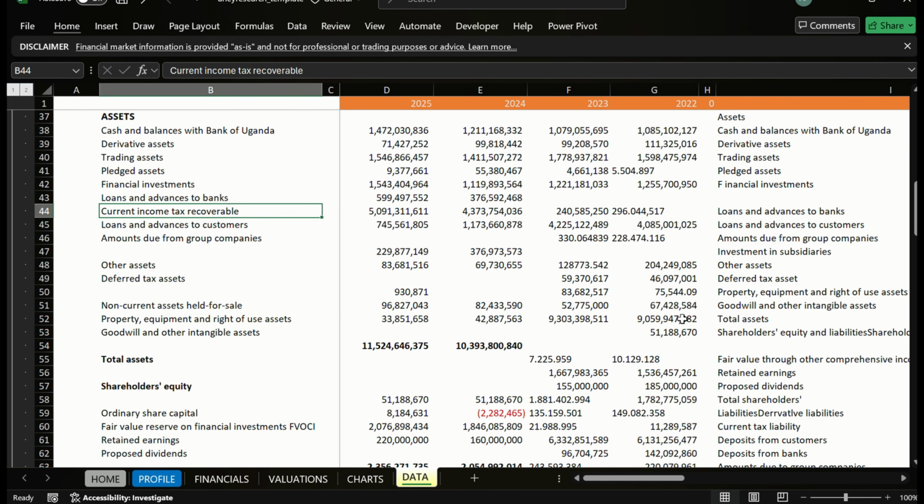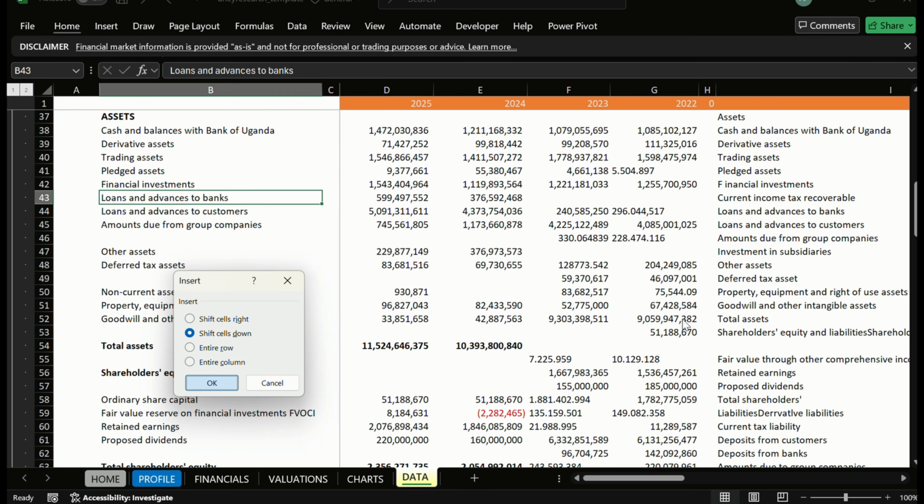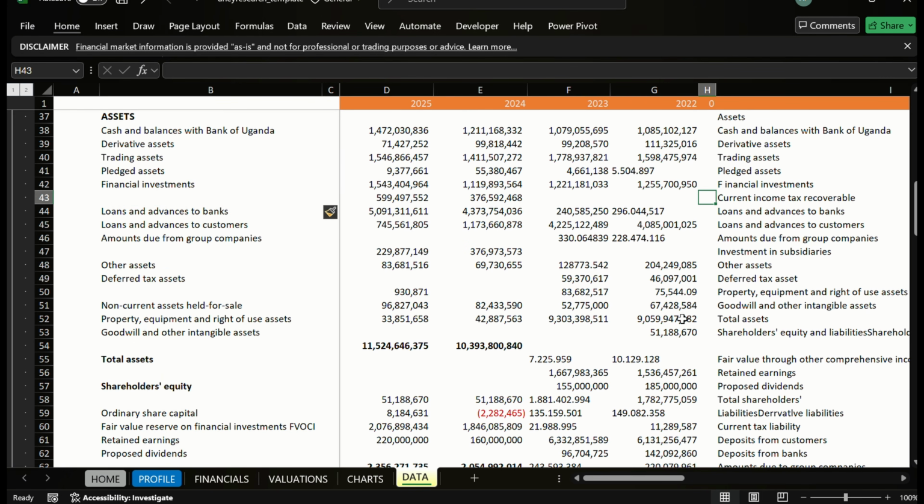So again, loans and advances. Sorry, Ctrl shift plus. What's wrong with me? Shift cells down. Let me pick this.